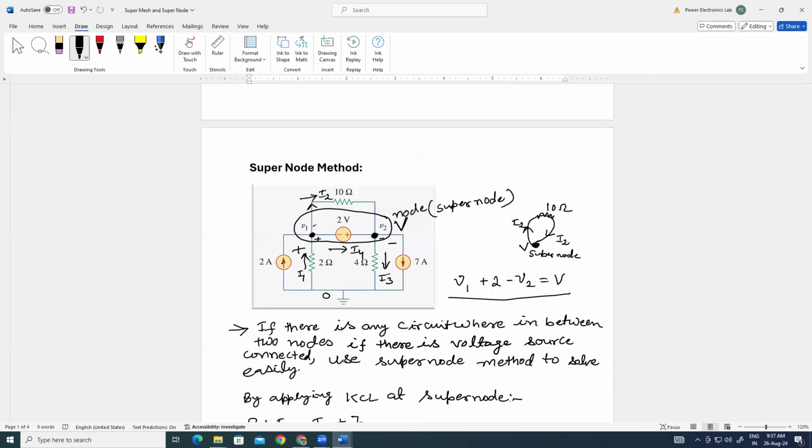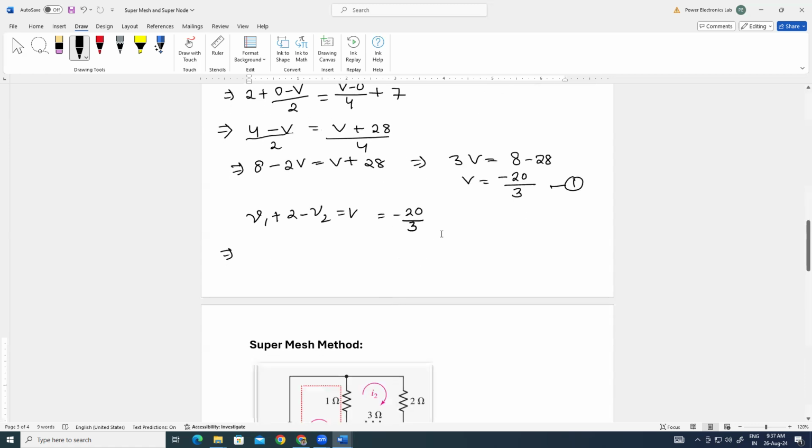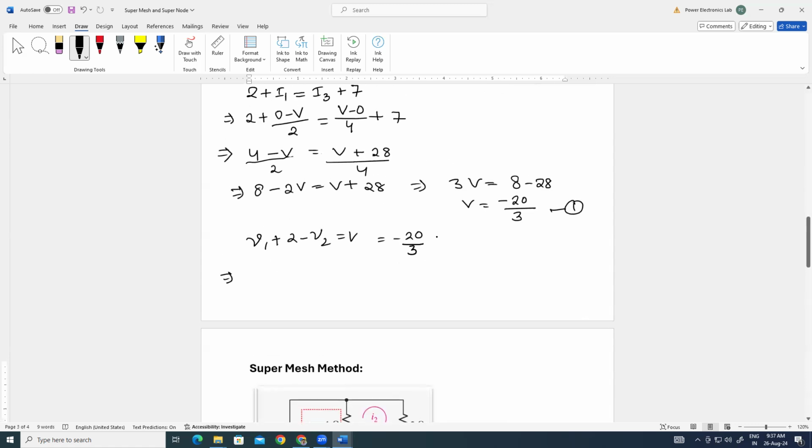Means here it will be plus, here it will be minus. Just the polarity will reverse. So V1 minus V2 plus 2 is equal to minus 20 by 3, means plus 20 by 3 is equal to 0.